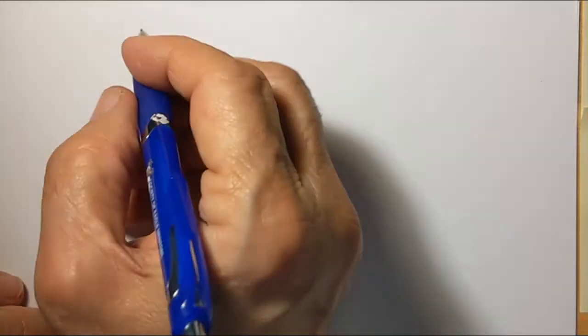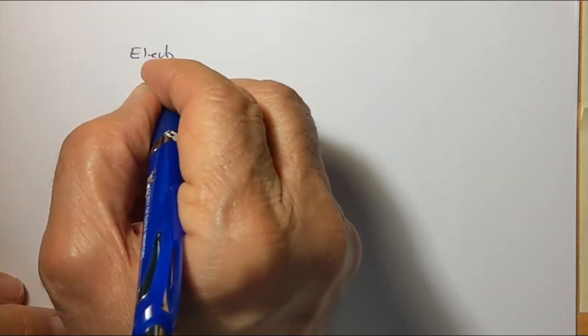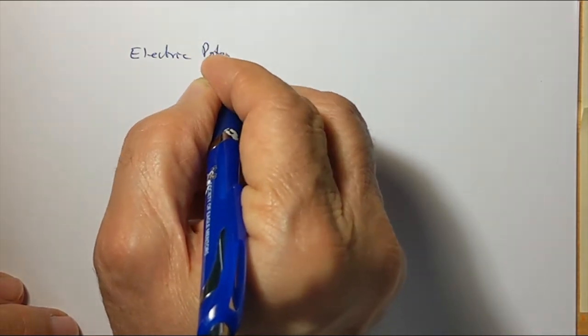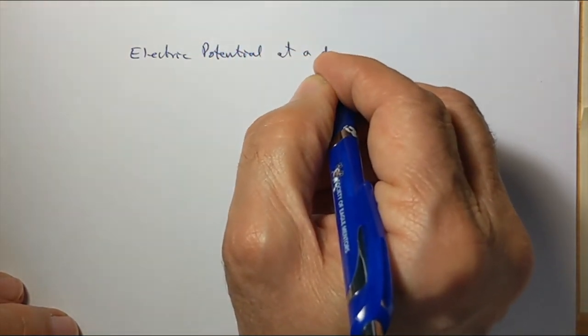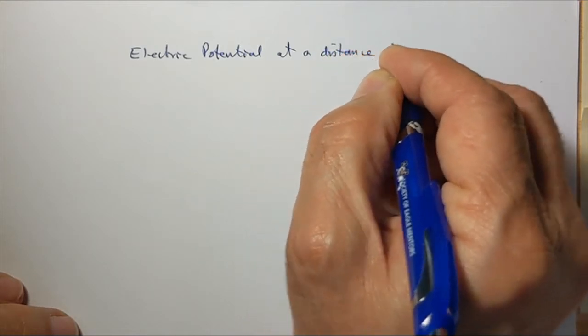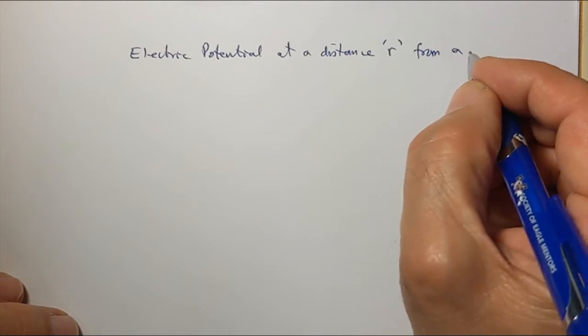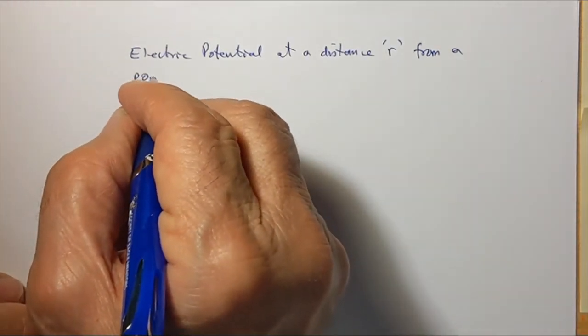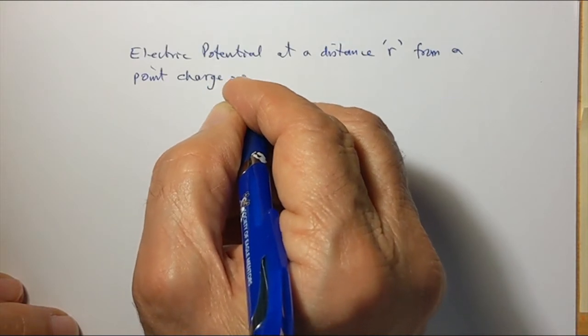We now find the electric potential at a distance r from a point source, from a point charge. So what is the electric potential at a distance r from a point charge which is Q?